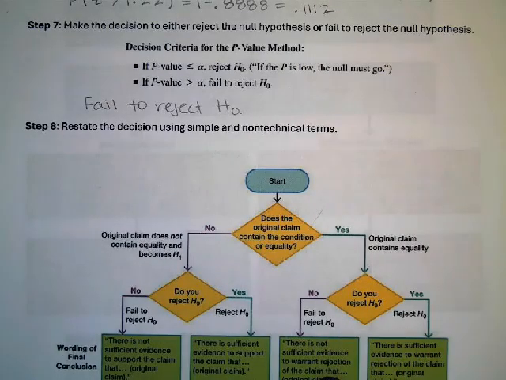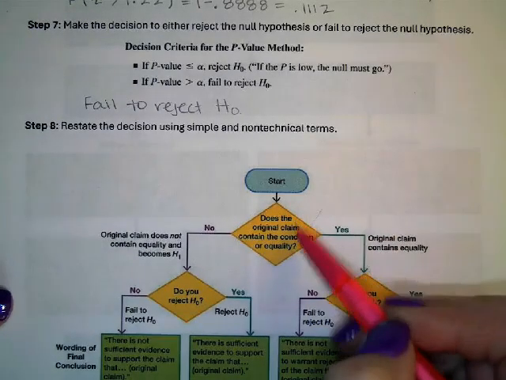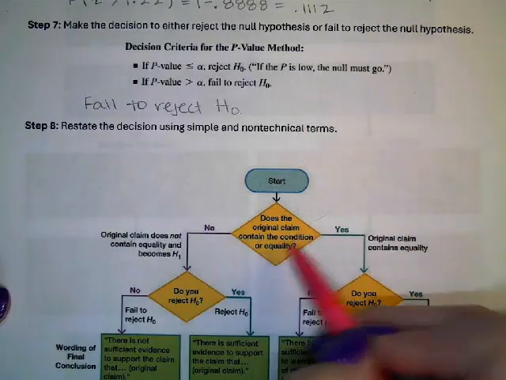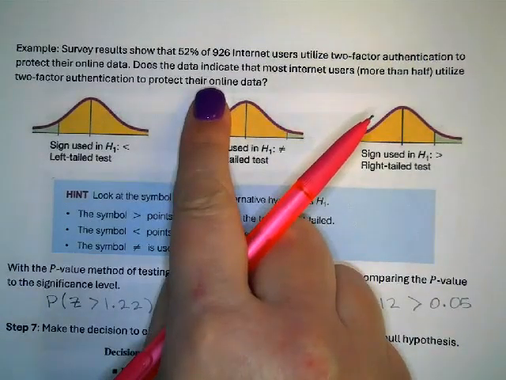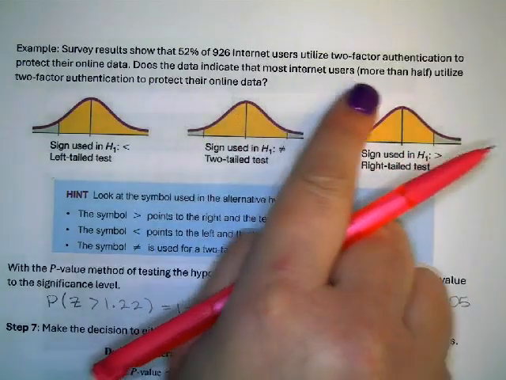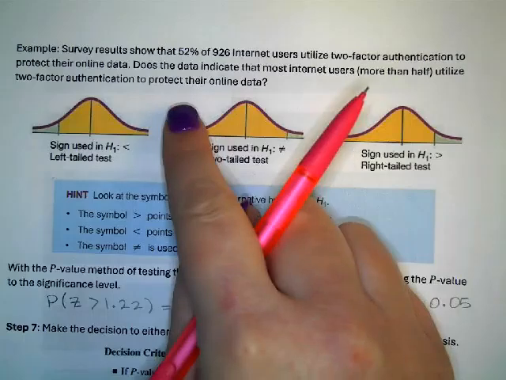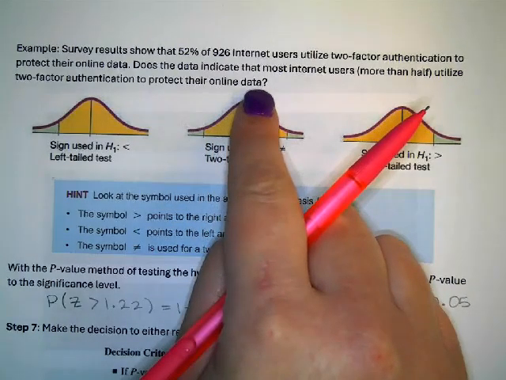So if we start this, it says, does the original claim contain the condition of equality? So based on the way that the question is phrased, does it say that we have to equal something? So this says, does the data indicate that most internet users, more than half, utilize two-factor authentication to protect their online data? It doesn't say exactly half, and so this is not equality. So our answer is no. We're going to go this way.